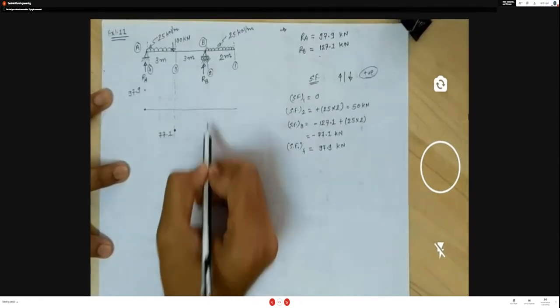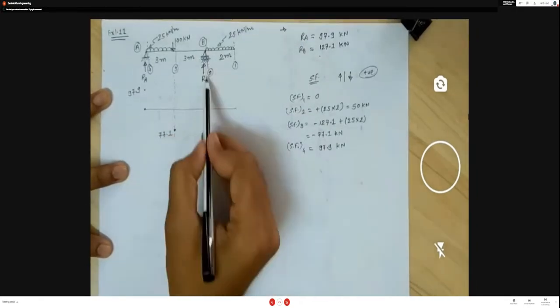If you consider the section here, the shear force at section 2 is plus 50. And if you consider section 1 here, it's 0. So first of all, the instant increase at point A is 97.9. Now between section 4 and 3, there is uniformly distributed load, so the diagram decreases linearly from 97.9.